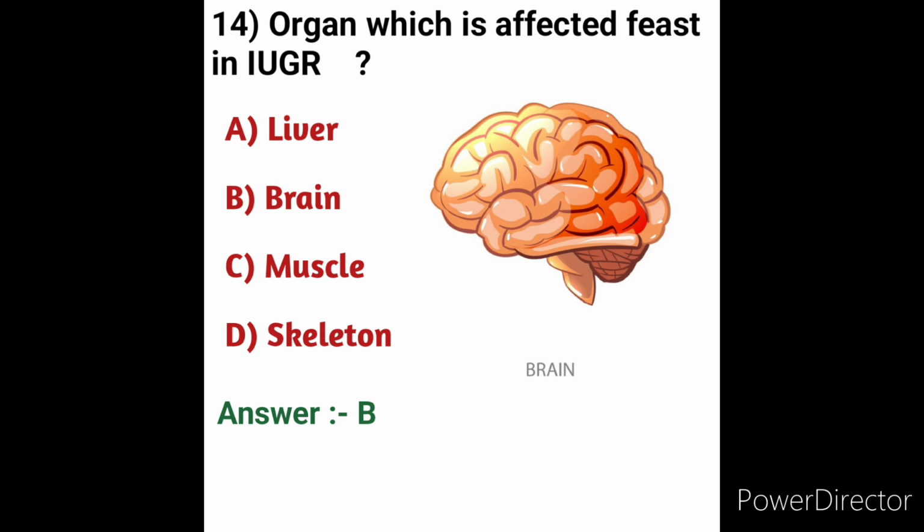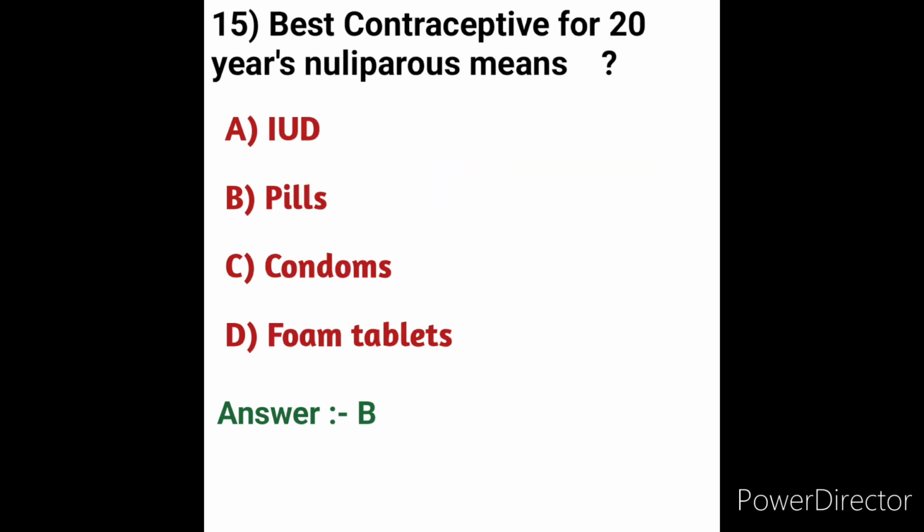Let's move on to question number 15. Which is the best contraceptive method at the age of 20 years in a nulliparous woman? Option A, IUD, intrauterine device; option B, pills; option C, condoms; and option D, foam tablets.